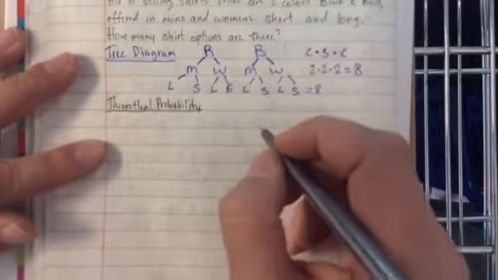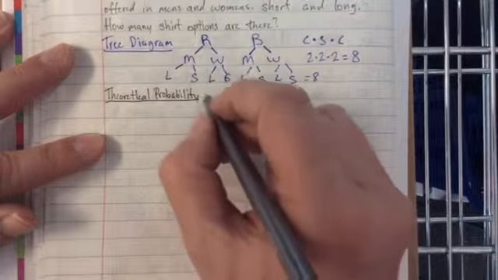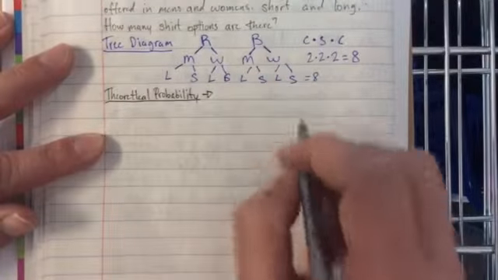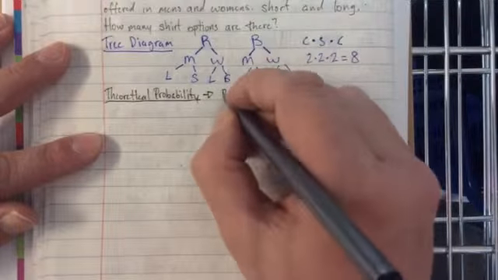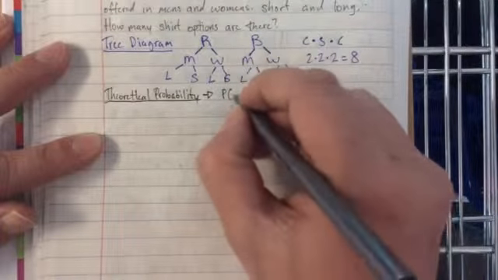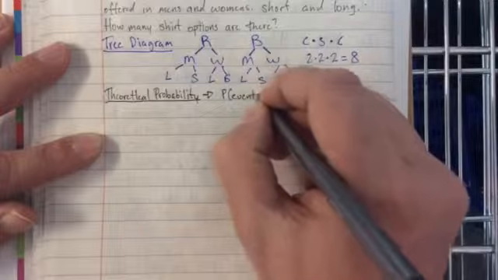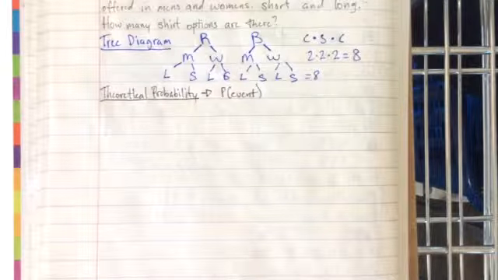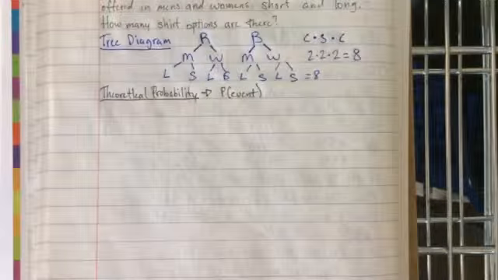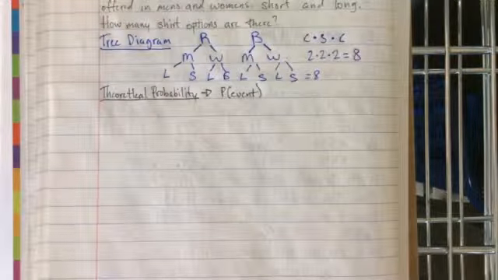So when you see theoretical probability, it might be in your book in this notation of the probability, or P, of an event. So we have the theoretical probability, or P, of an event.